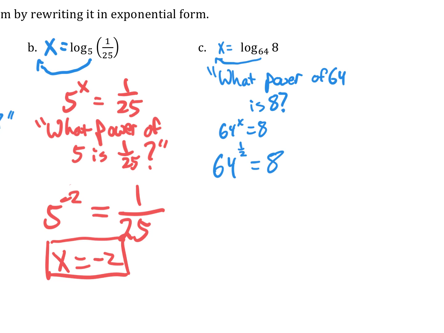So we know that 64 to the 1/2 power is like the square root of 64, and the square root of 64 is 8. All right, so we see that x is 1/2. 1/2 is the power you need to put in here to make this true. 1/2 is the power of 64 that will give us 8. So 1/2 is log base 64 of 8. Okay. That's the key.